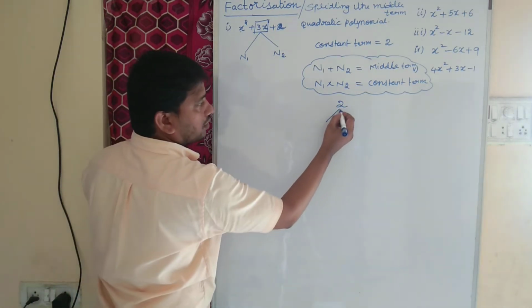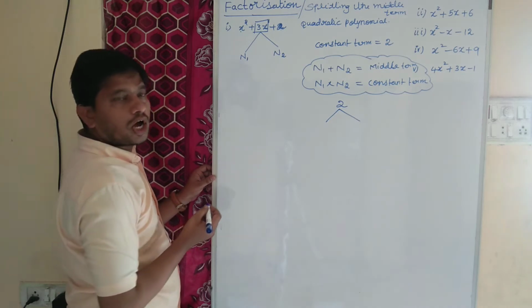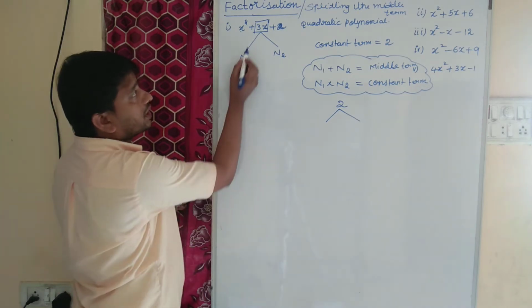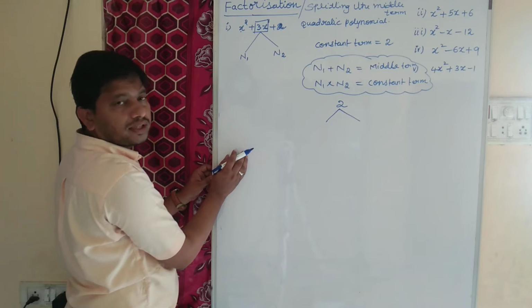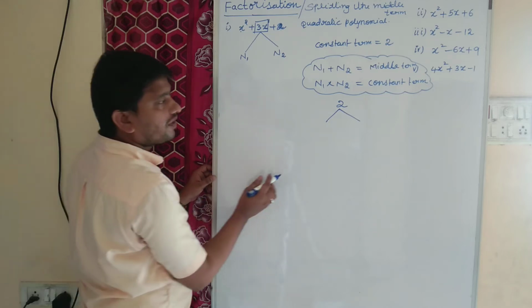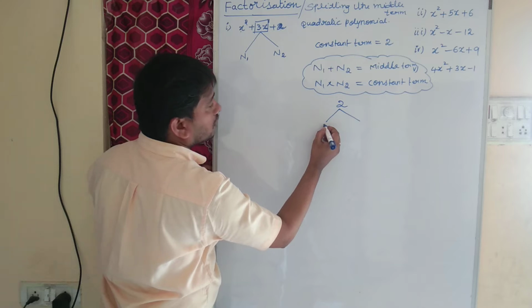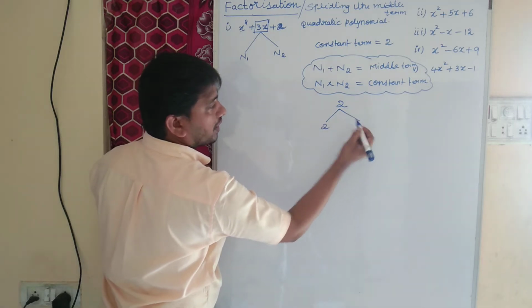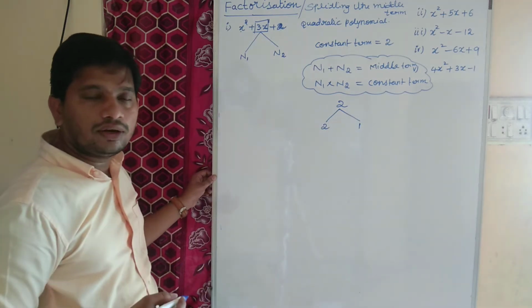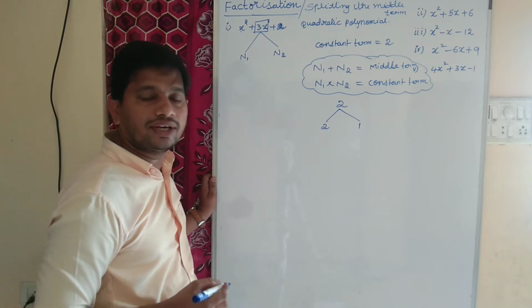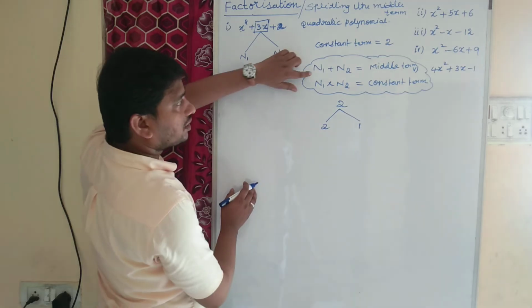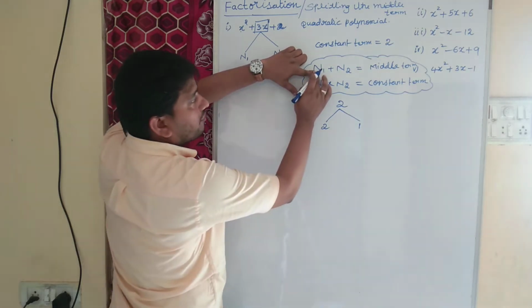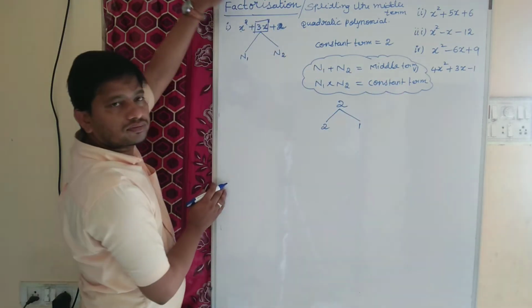Now, the constant term is 2. How will you get 2? Your middle term is 3x, and what are the factors of 2? The factors of 2 are 2 into 1. See the first condition: n1 plus n2 equals the middle term.